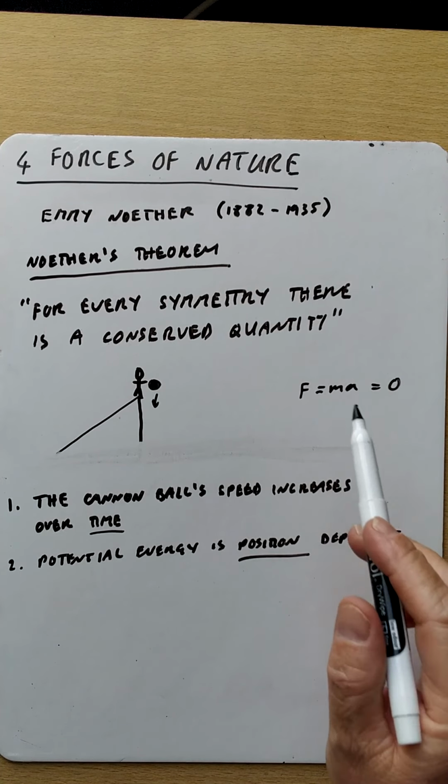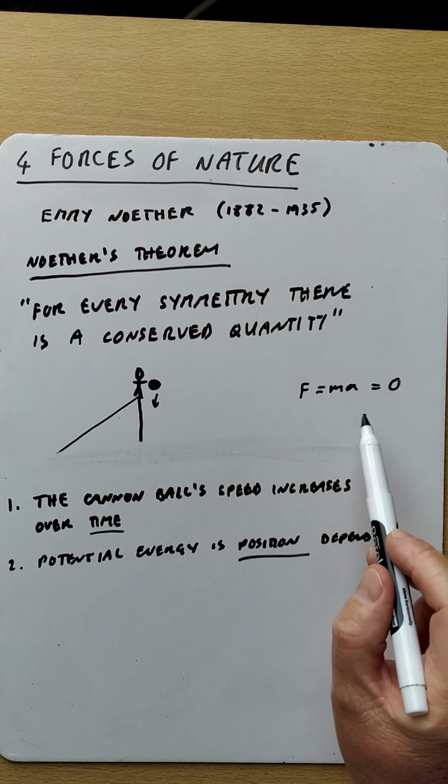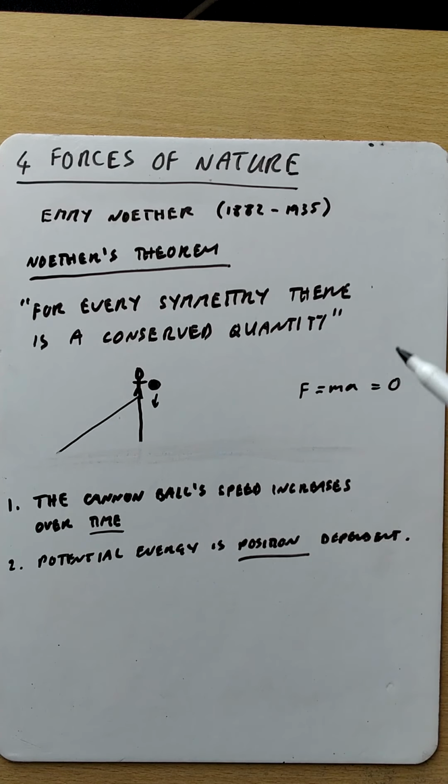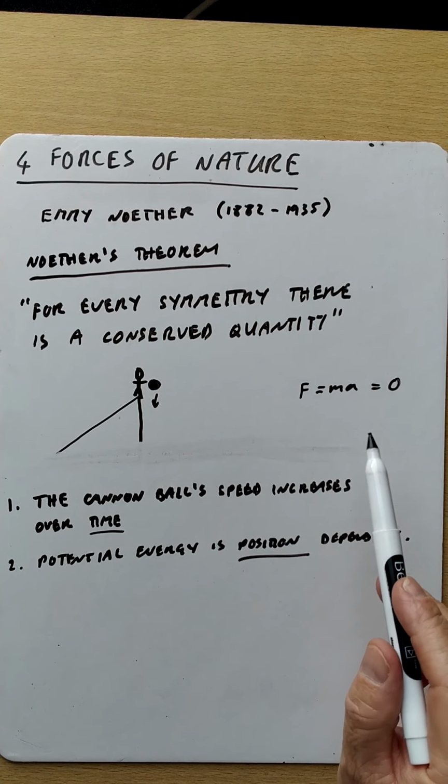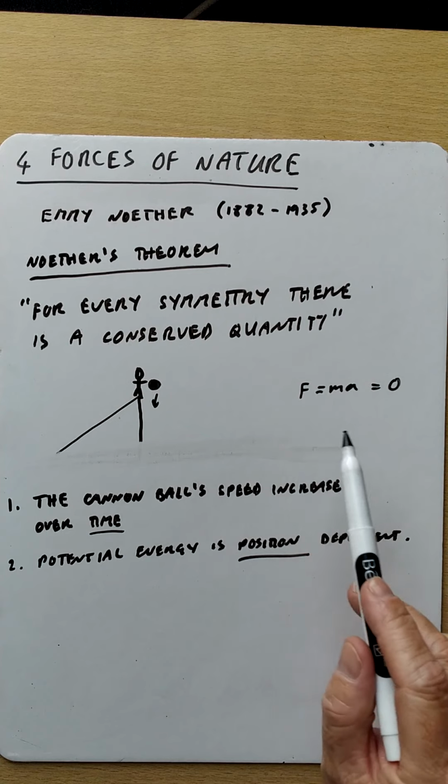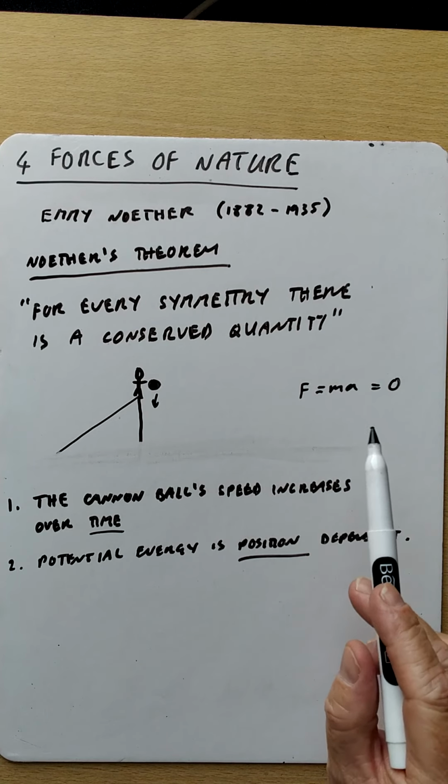All we've really done is rephrase Newton's second law in this language of symmetry and conserved quantities, which is the same language that is used in Noether's theorem. Noether's theorem just happens to be much more general than this, and we will use that generality when we examine how the forces of nature arise.